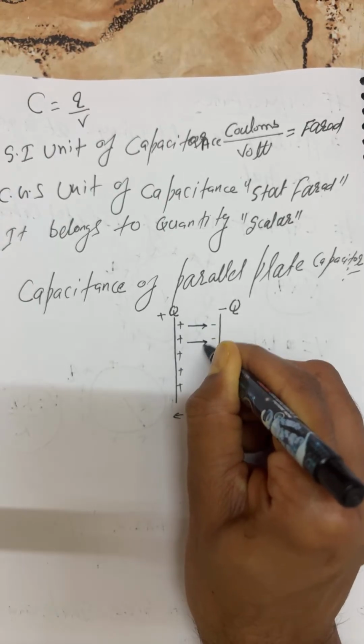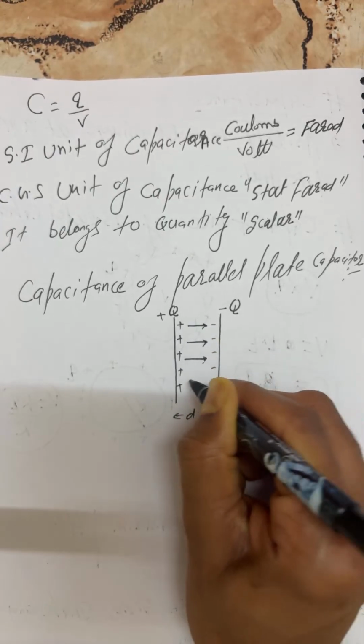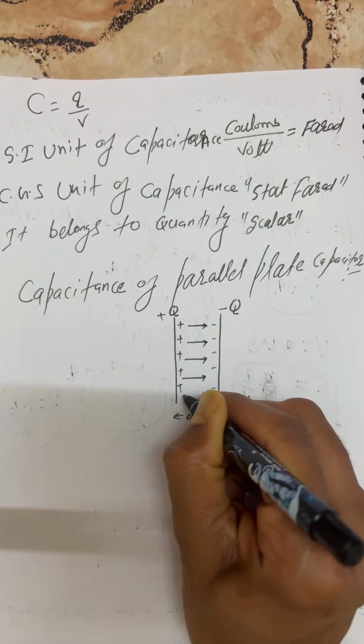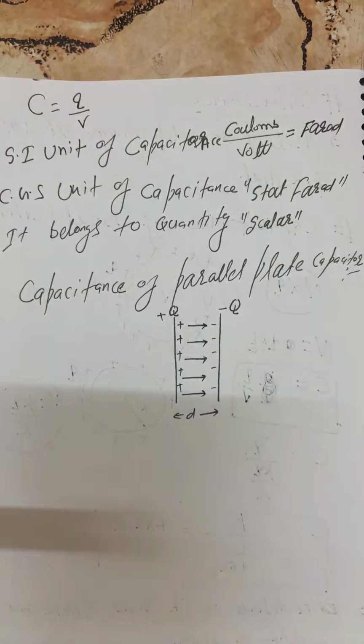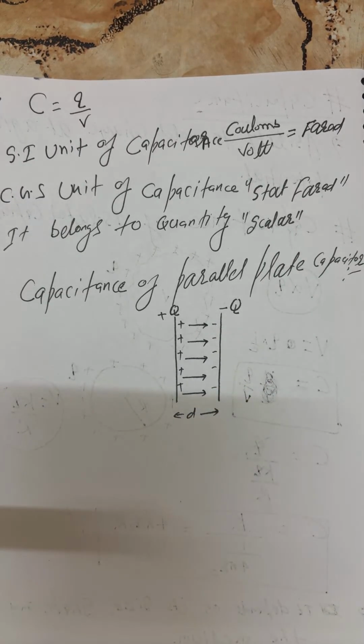This is the positively charged plate. This represents the direction of the electric field, from high to low potential.